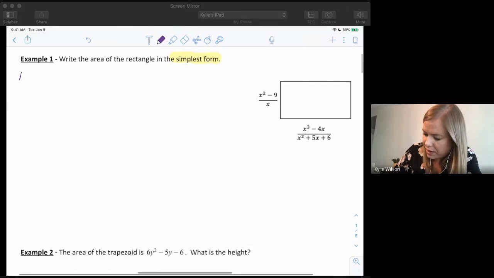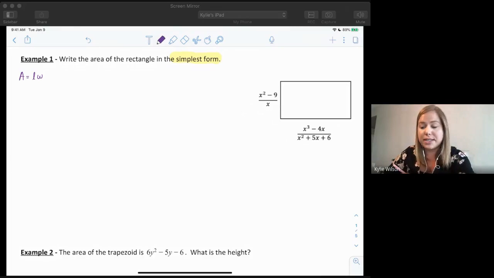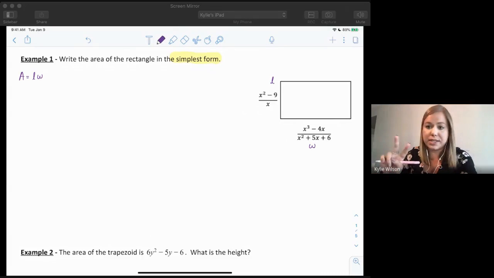So we have our area is length times width. And just on my rectangle, I'm going to label my length and my width. If you labeled your length and width differently than me, that's absolutely okay. Just your answer will be the same. You'll just notice that your two terms are flipped.